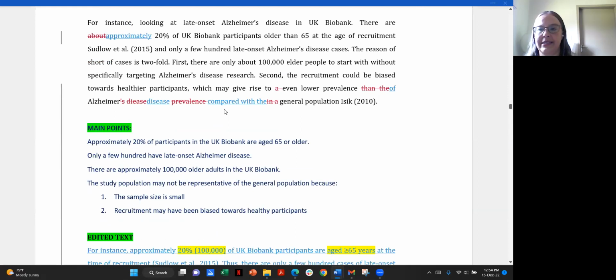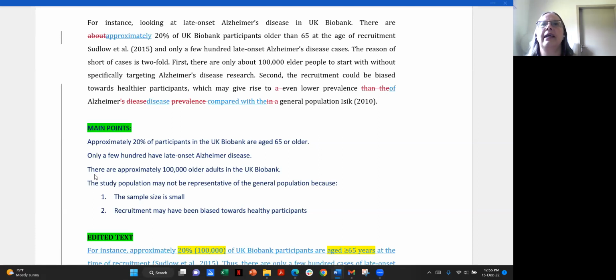So what I would do in this case is have a look at that paragraph and pull out the main points. The main points from that text are approximately 20% of participants in the UK Biobank are aged 65 or older. Another point is only a few hundred have late onset Alzheimer's disease.